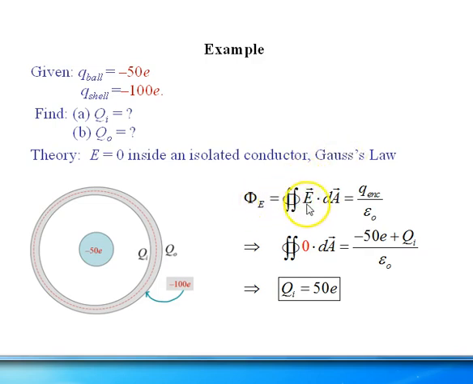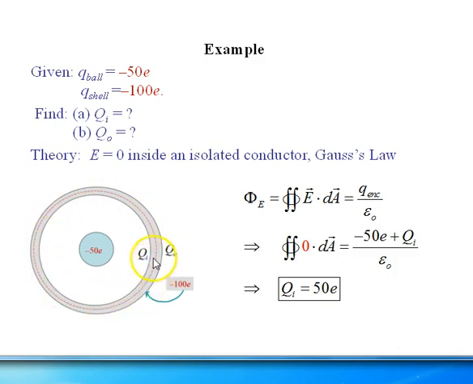So we apply Gauss's law. Our flux, that closed integral of E dot dA, is equal to Q enclosed over epsilon naught. That's our Gauss's law. In order to apply that, we have to define where we are going to put this Gaussian surface. So let's start by putting this Gaussian surface inside the metal shell, the outside shell.